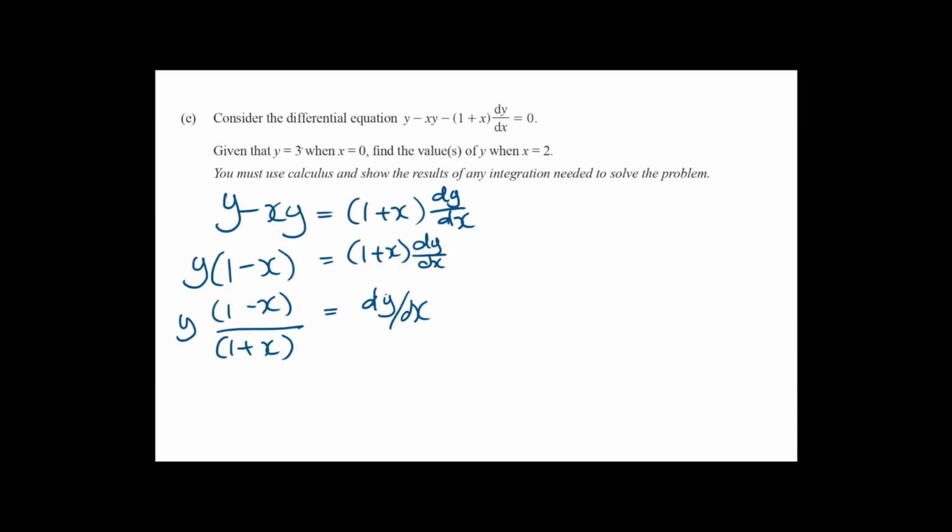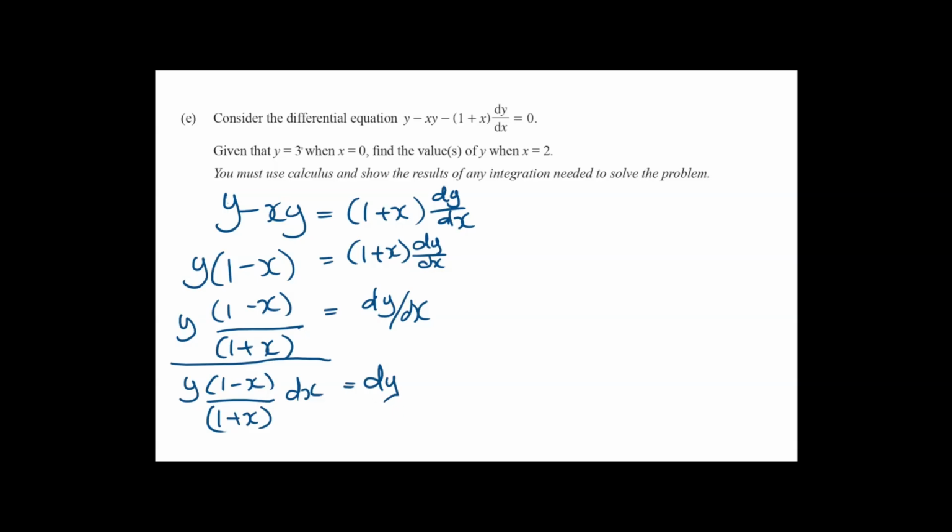Okay, what I'm going to do now, I'm going to multiply both sides. I want all the y's over one side and all the x's over the other side. So without doing it by just looking at it, I'm going to take you through the steps. So I'm going to multiply both sides by dx. So y times 1 minus x over 1 plus x, multiply that by dx, and we have dy.